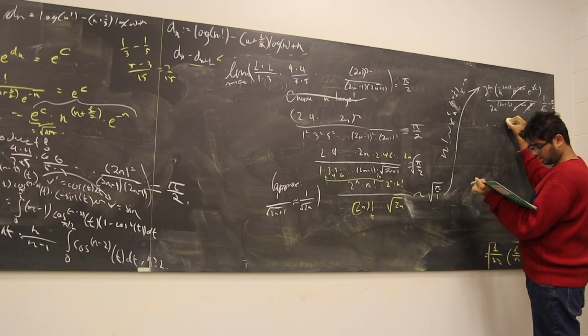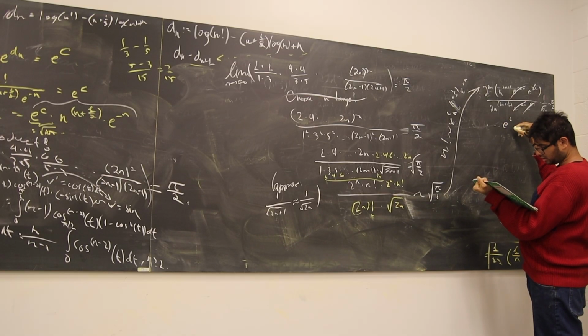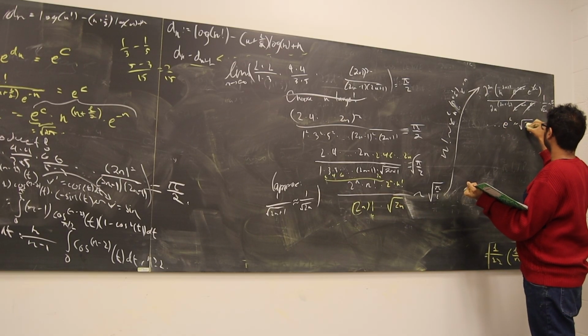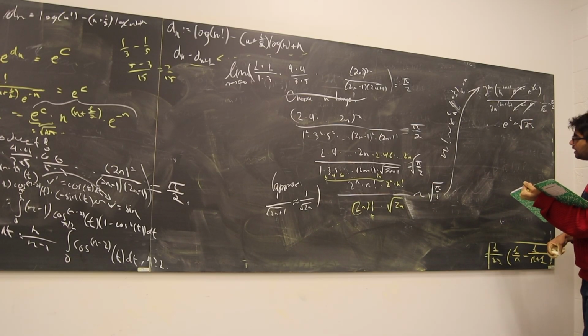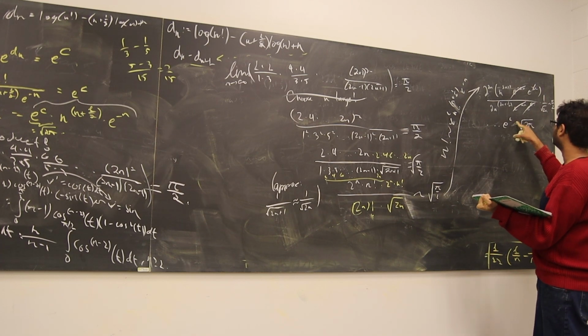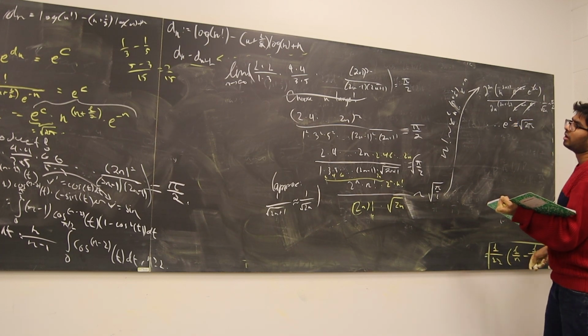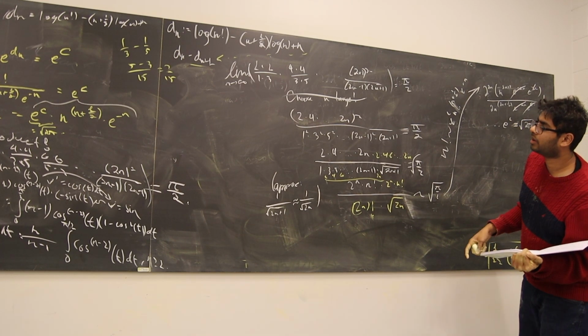E to the c is around the square root of 2 pi, just trust me. It's very simple algebra. And since they are constants, you could just say it's equal. So now we have e to the c is square root of 2 pi.